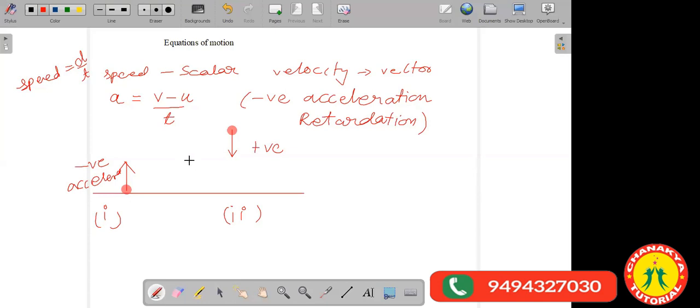So how do we find the time it takes for the ball to come from the highest point to the ground? Or if I throw it with a certain velocity, how high will it go? To find the displacement and the time, we need equations of motion.